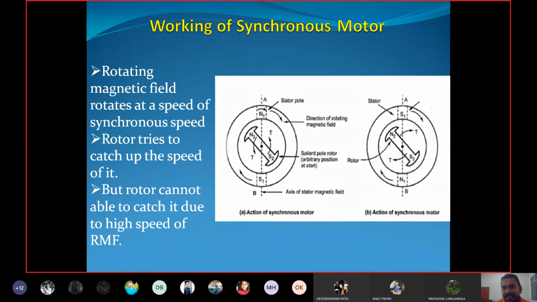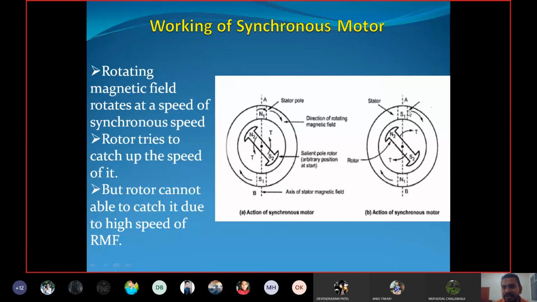Now the rotating magnetic field continues to rotate at synchronous speed. So due to the force of attraction between stator poles and rotor poles, this rotor also tries to rotate in the clockwise direction. But before it does, once again the stator poles are changed.